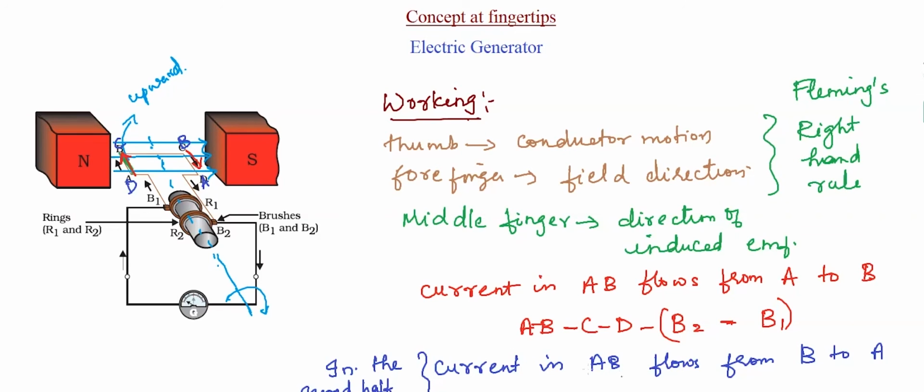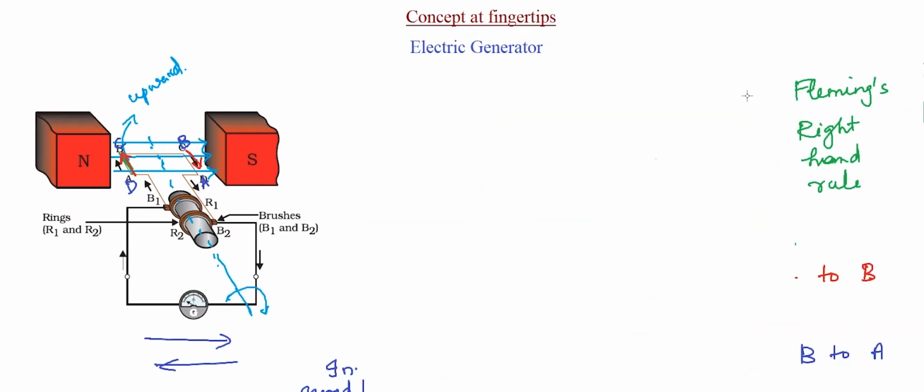In the external circuit, the current flows from B1 to B2 instead of from B2 to B1. So this clearly shows that in the external circuit, for the first half rotation the current flows in one direction, and for the second half rotation in the opposite direction. Such a current which reverses its direction every half rotation is known as alternating current or AC.